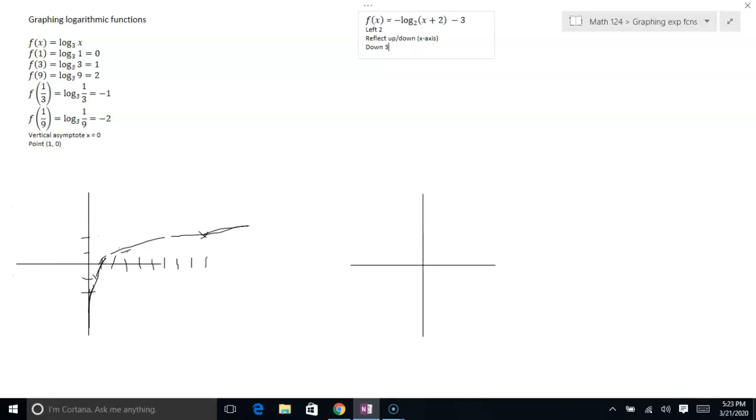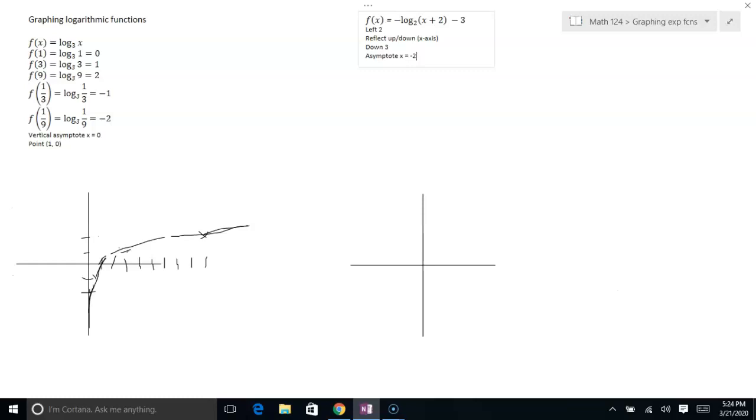We need to follow the point and the asymptote. Let's think about the asymptote. I know it's going to be vertical, so it has equation x equals something. If I take a vertical line and move it 2 to the left, that whole vertical line is going to move 2 to the left. So the new home for my asymptote, x equals -2 so far.